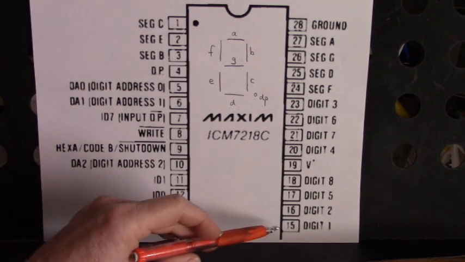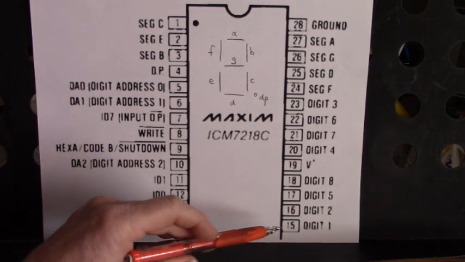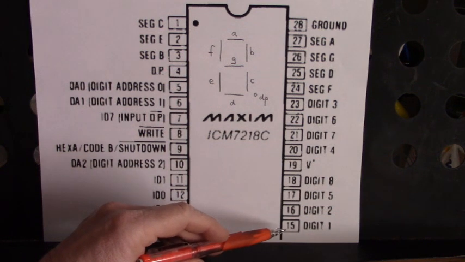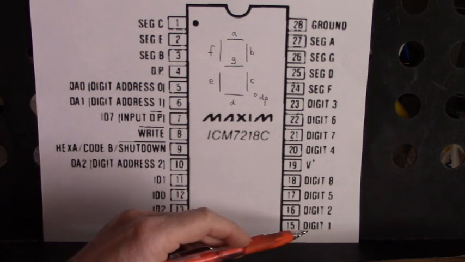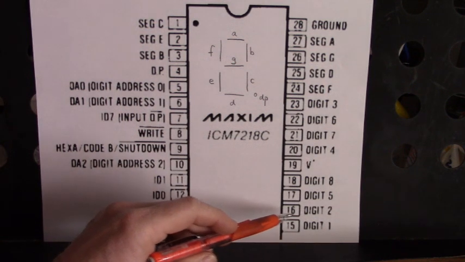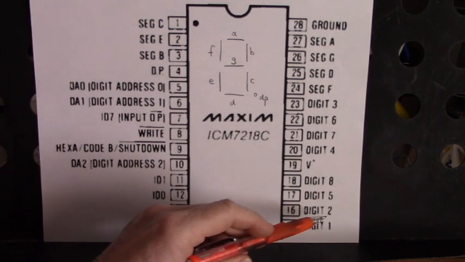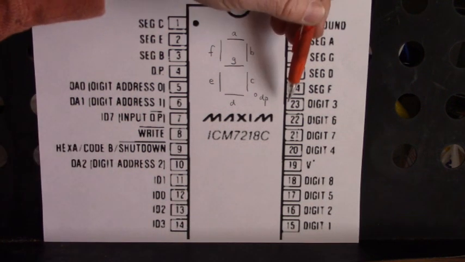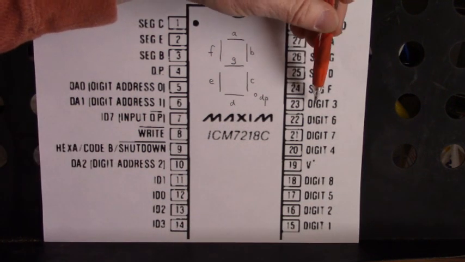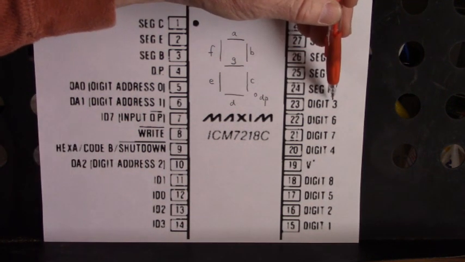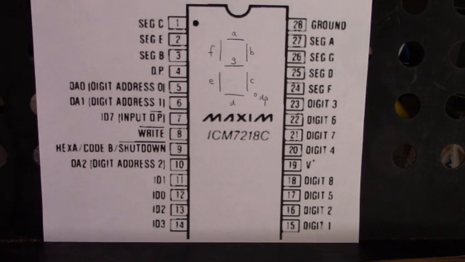Here's on 15 is the 7-segment display, digit 1. On 16, the 7-segment display on digit 2. Up here on pin 23, digit 3, the 7-segment display.